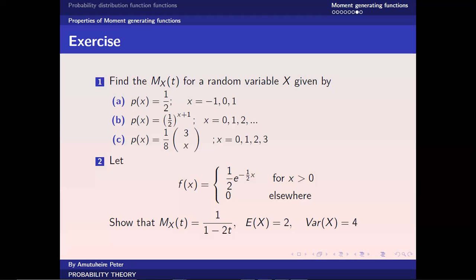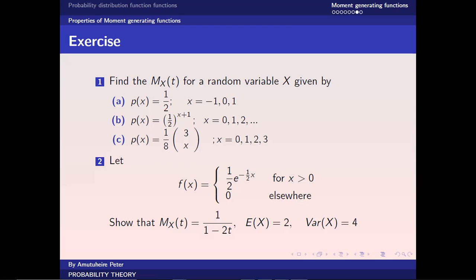As Madame Manuel has suggested, part A, we have p of x is equal to a half, where X is taking on -1, 0, and 1. So the moment generating function of that is by definition the expectation of e^(tX).